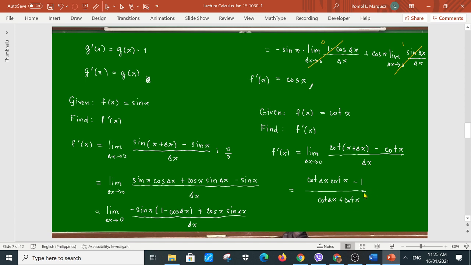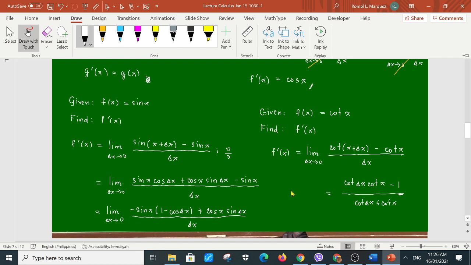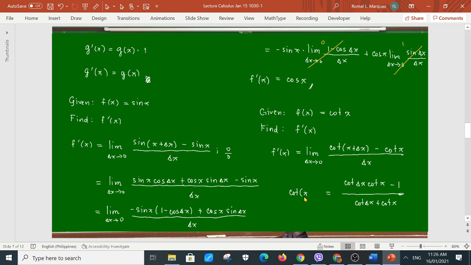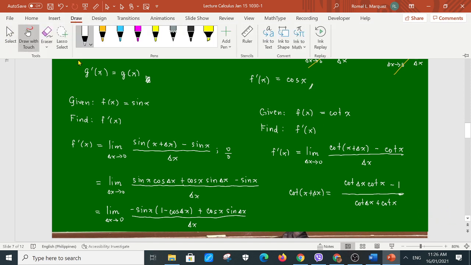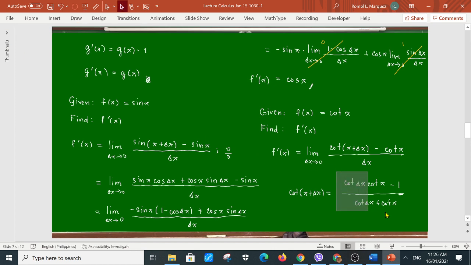So that's the identity of the cotangent of a sum. That is cotangent of x plus delta x. Okay? Any question with that, guys?